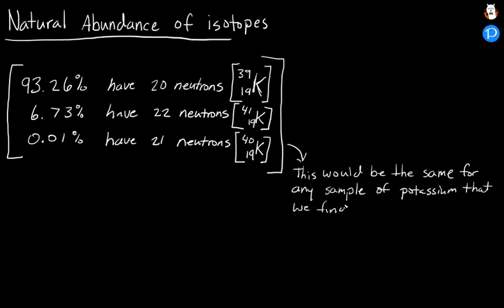And that's what we mean by natural abundance. Any sample of potassium that I find in nature is going to have these percentage abundances for each of those isotopes.